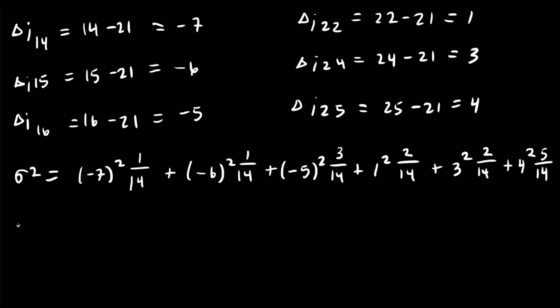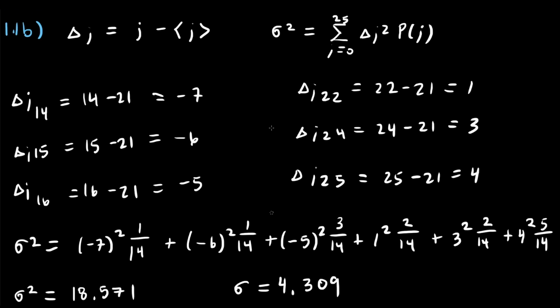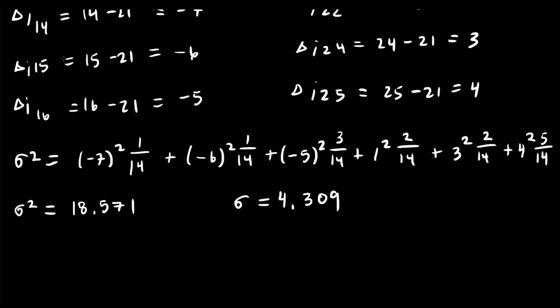And ultimately, this comes down to 18.571. And in order to get just sigma, we have to take the square root, and the square root of that will be 4.309. Okay, so we're done with question 1.1b.